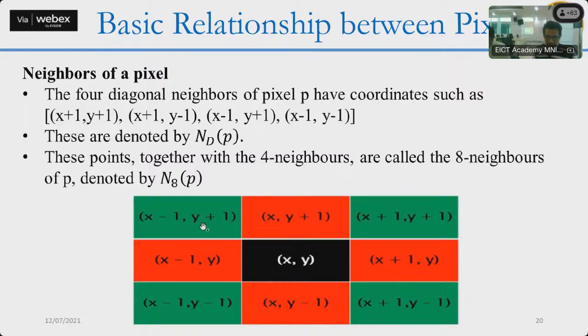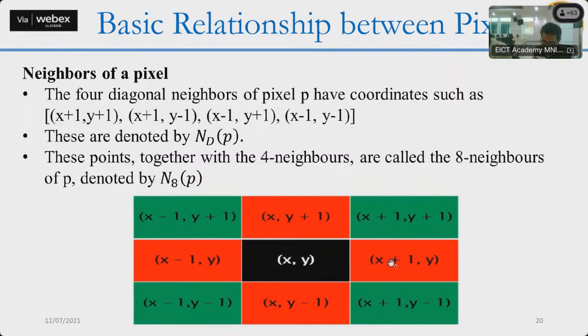The green one is x minus 1, y plus 1. What is different between the diagonal and the adjacency neighbors is that here two values are changing, whereas here, only y is changing.